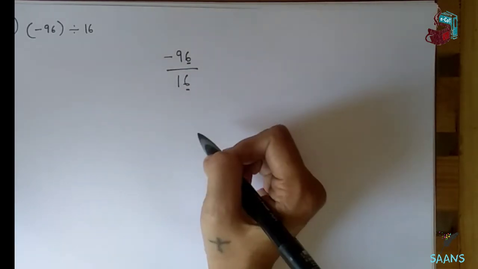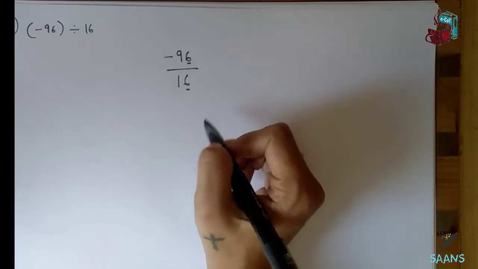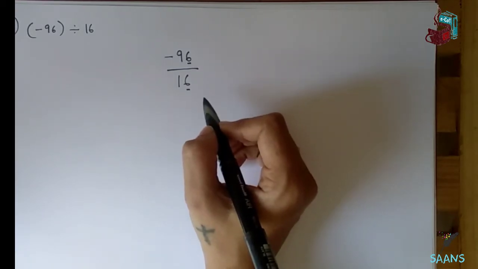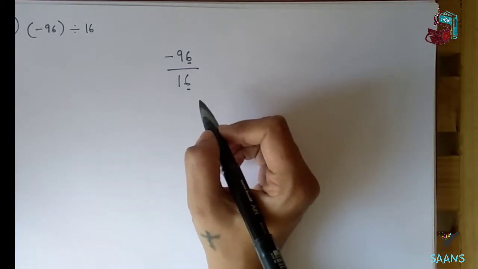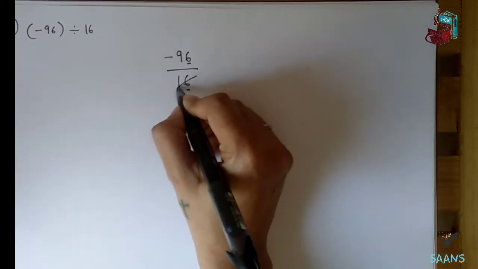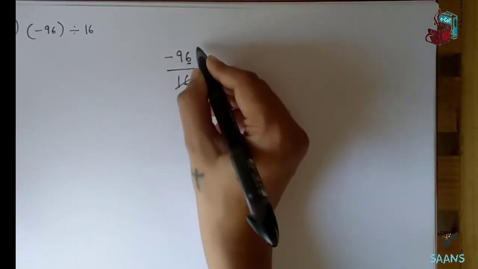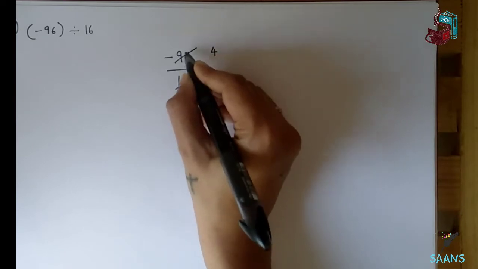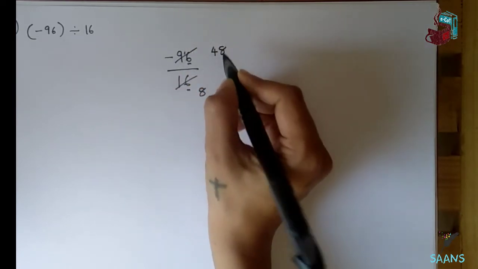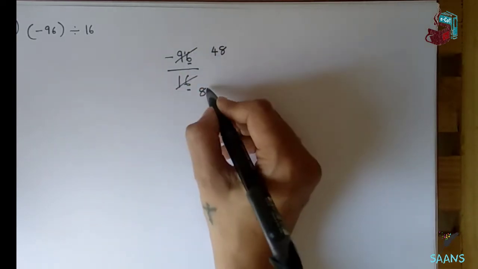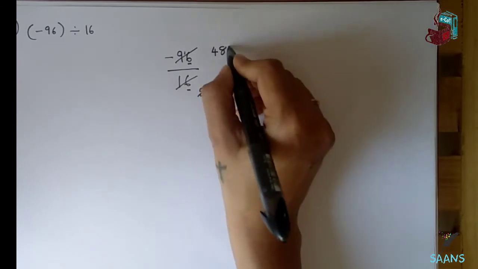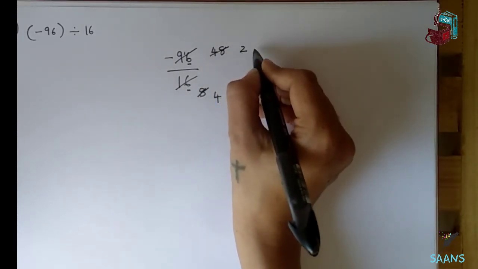The units place is an even number, so we start cancelling it by 2, or reducing the fraction by 2. 2 8s are 16, 2 4s are 8, 2 2s are 4.